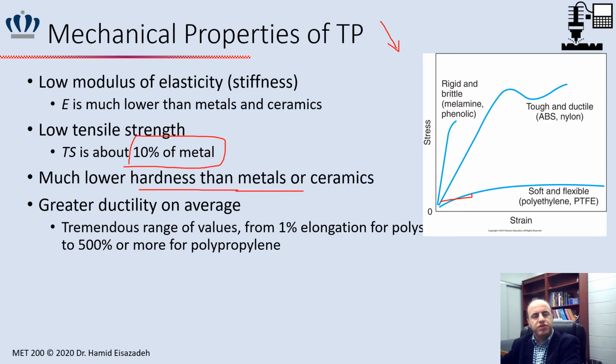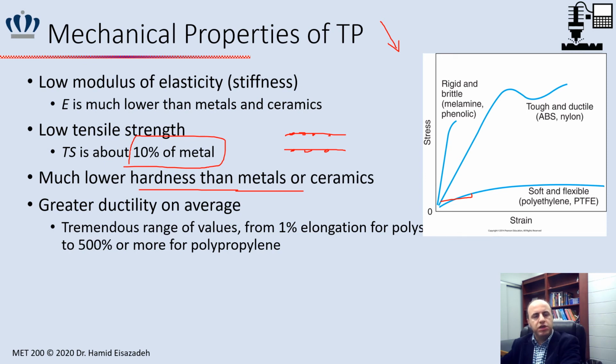This is because of the strength of the secondary bond that we have between the polymer chains, for example, the linear one. This bond between these chains is a secondary bond, and it's not as strong as the bond that we have between these molecules.